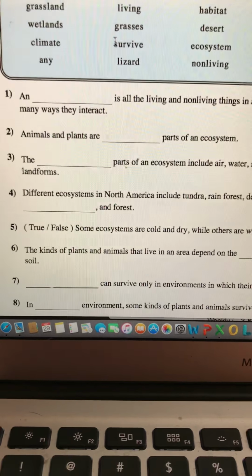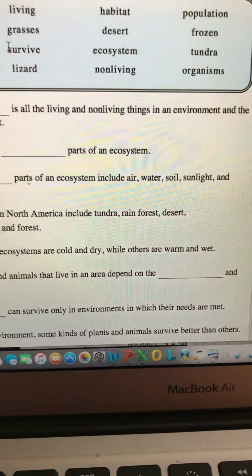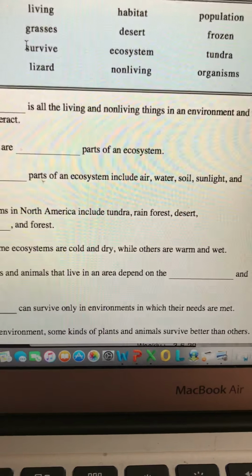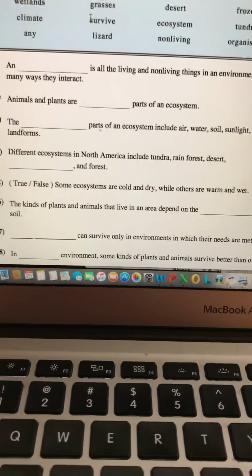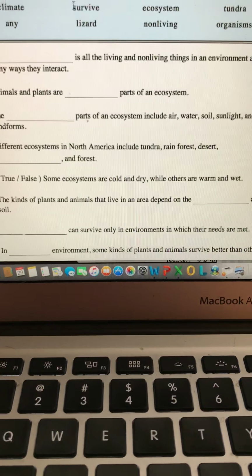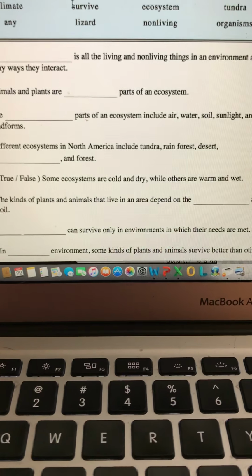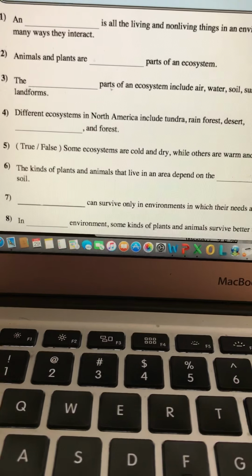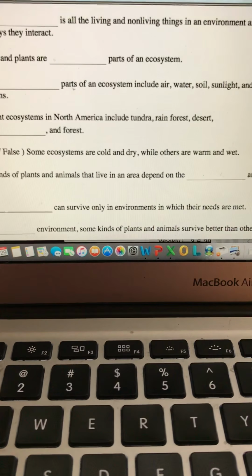Number 4. Different ecosystems in North America include tundra, rainforest, desert, blank, and forest. Number 5. True or false? Some ecosystems are cold and dry, while others are warm and wet. Number 6. The kinds of plants and animals that live in an area depend on the blank and soil.